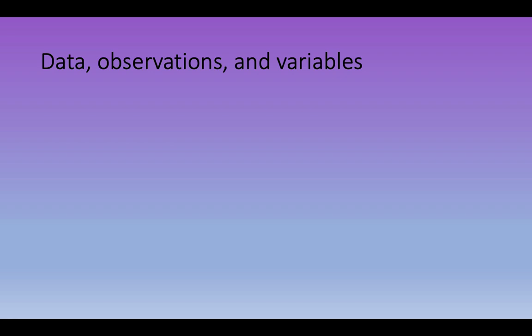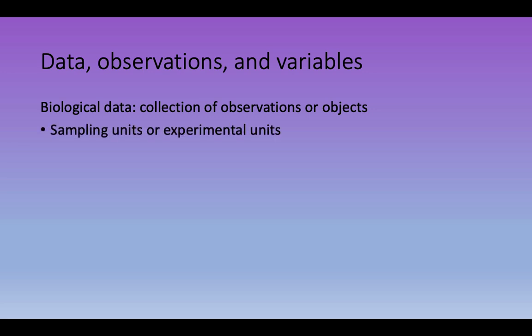Part of the power of inference, and the power to convince people about your evidence, has a lot to do with the nature of the data that you're using to examine these things. Biological data is typically a collection of observations of objects somehow related to the life sciences, and in it we have sampling units or experimental units.